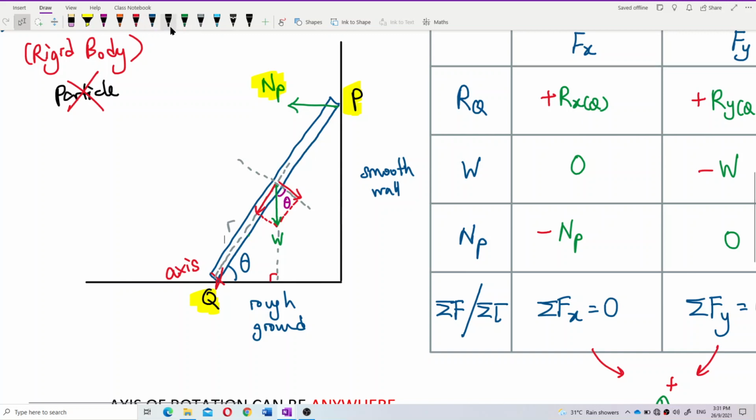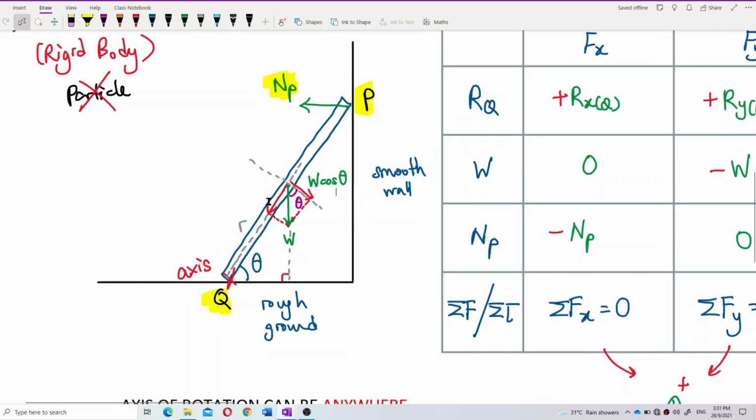Let's write it down. The perpendicular component is W cosine theta, because it is adjacent to the angle, and the parallel component is W sine theta.